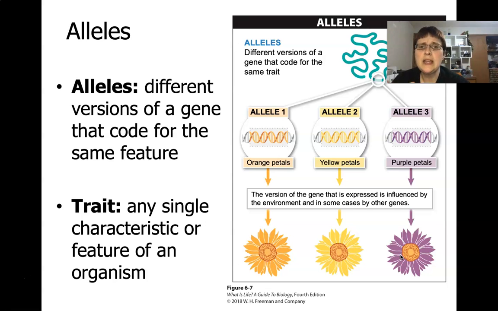We can have a basic cookie recipe, say a sugar cookie recipe. That cookie is still going to be a cookie even if we add chocolate chips. It'll be a chocolate chip cookie, but it's still the same sugar cookie, just with chocolate chips added. And that's the idea here with alleles. An allele is the same basic recipe, just with slight changes to it.